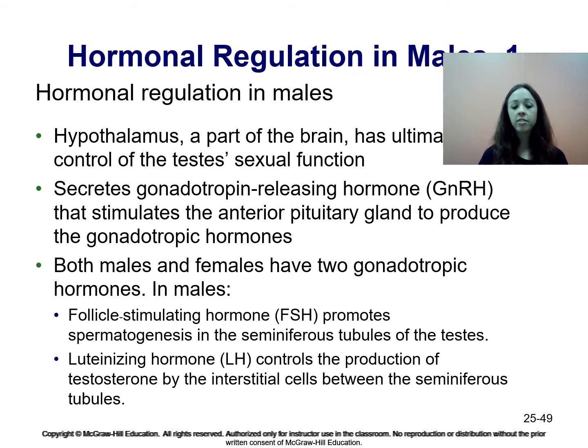Both males and females have 2 gonadotropic hormones. In males, the follicle-stimulating hormone will promote the spermatogenesis in the seminiferous tubules of the testes. The luteinizing hormone controls the production of the testosterone by the interstitial cells between the seminiferous tubules.